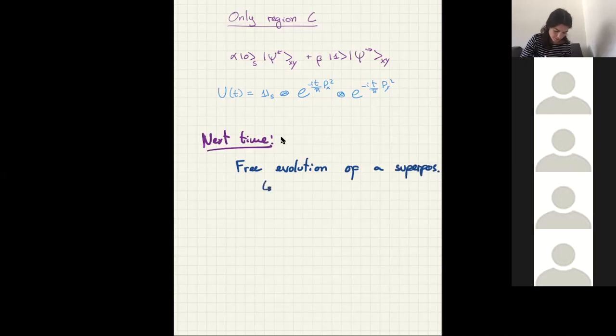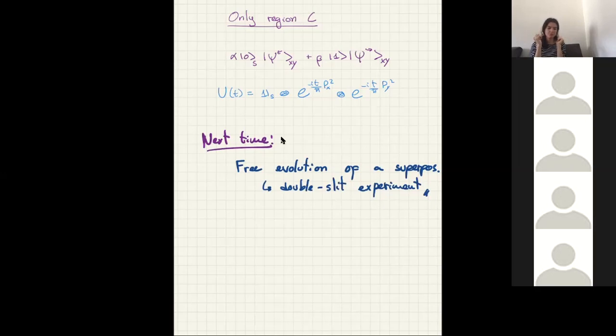And this is going to be the double slit experiment. Okay. And then after this, we will be done with the free particle for a while. And then we'll look into a particle in a potential that is non-zero.